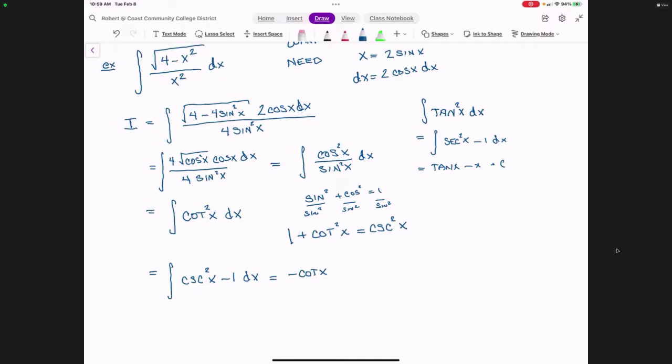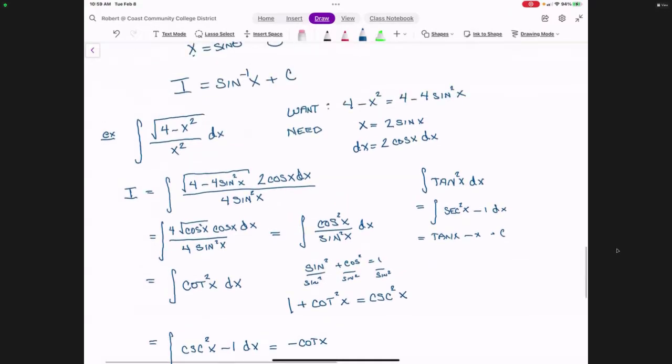And oh boy, did I mess this problem up. So that's got to be a theta.